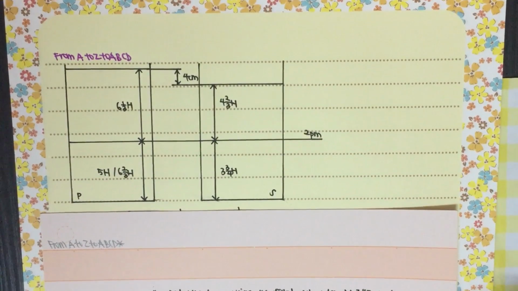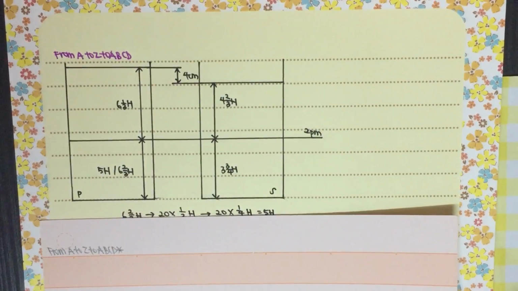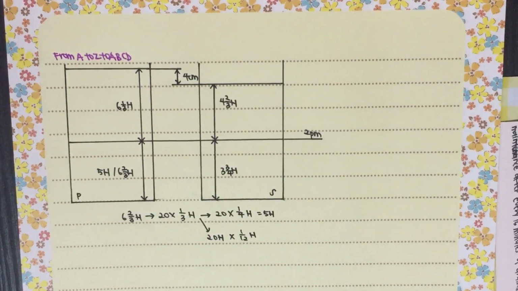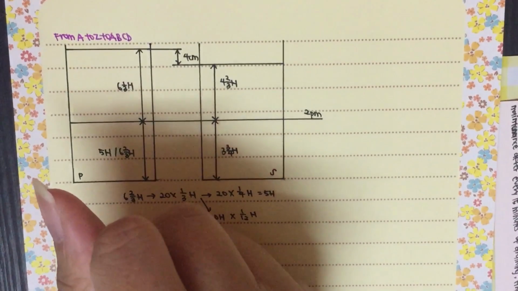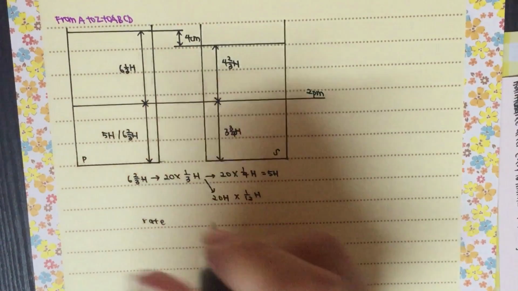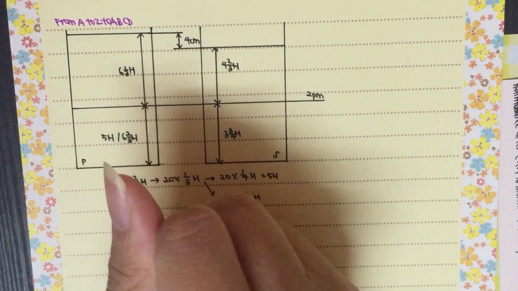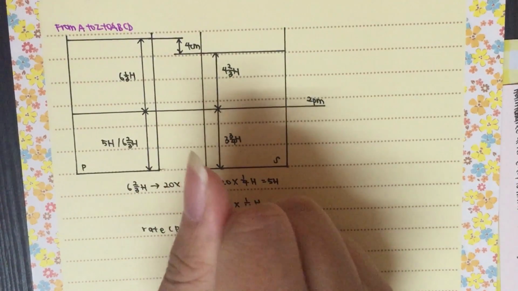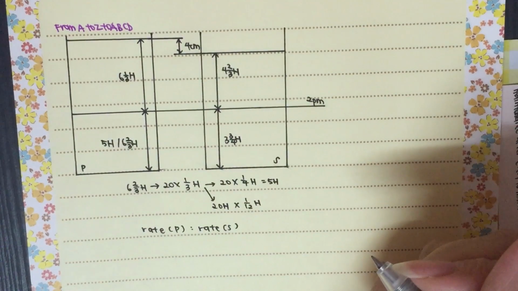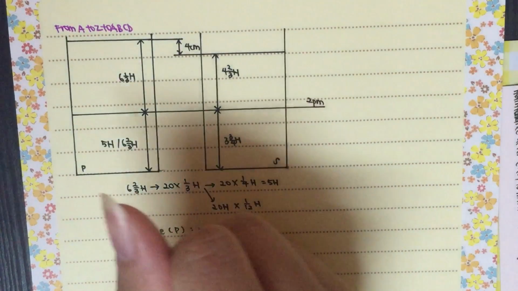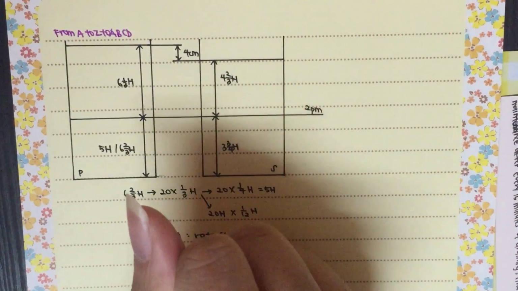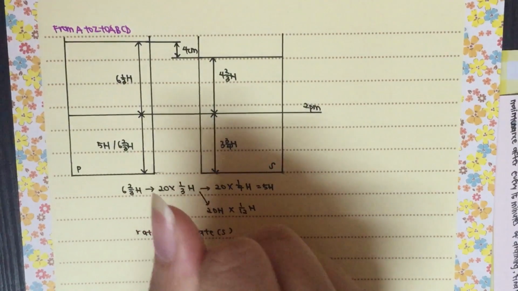So you're supposed to find the initial water level of Punggol Reservoir. Similarly to the previous question, we are supposed to calculate the rate. The rate of P is to the rate of S will be equal to 5 hours is to 3 3/4 hours.